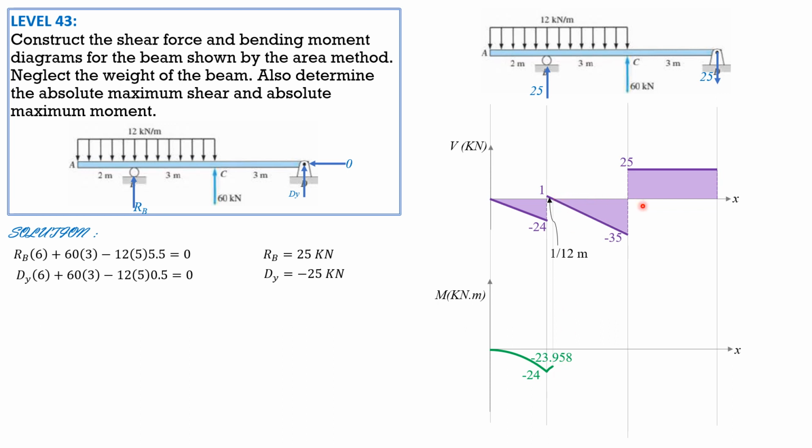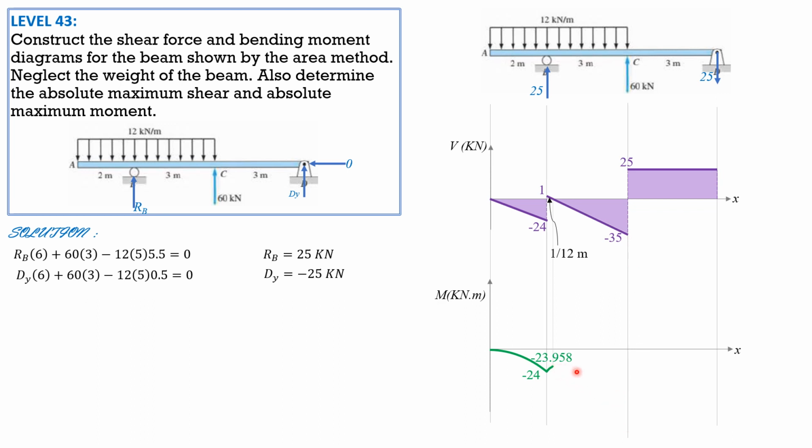Then the area of this diagram is 1/2 of 2 and 11 over 12 times negative 35, and it is from 0 shear or 0 slope to negative 35 slope.